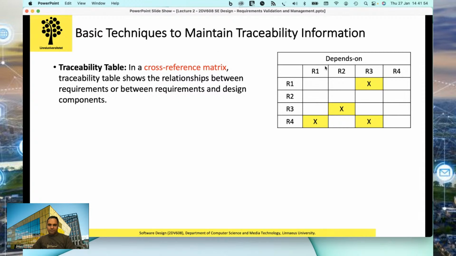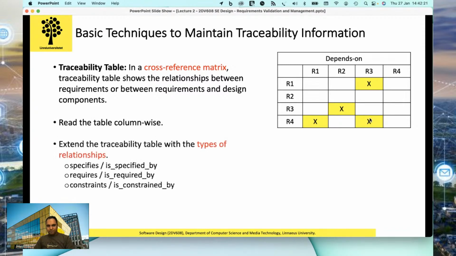For example, requirement 1 depends on requirement 4, requirement 2 depends on requirement 3, requirement 3 depends on requirements 1 and 4, and so on. So this is known as a traceability table, but it does not give you much information about what kind of dependency it is.